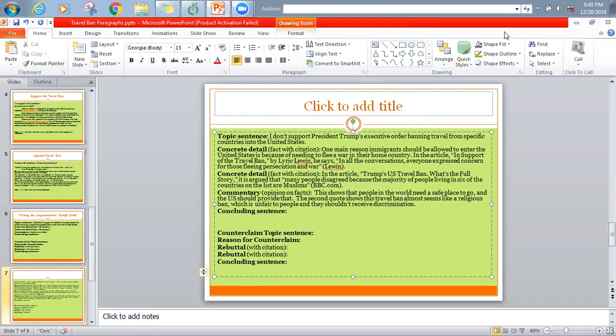Make sure for whichever side you take that you have the evidence for it below, the commentary, and the concluding sentence. Then in the next paragraph, you are going to be using some arguments from people on the other side of the issue. But absolutely, for the first paragraph, you want to take the position of what you think. It's your chance to share your opinion through this piece of writing. Does that answer your question?